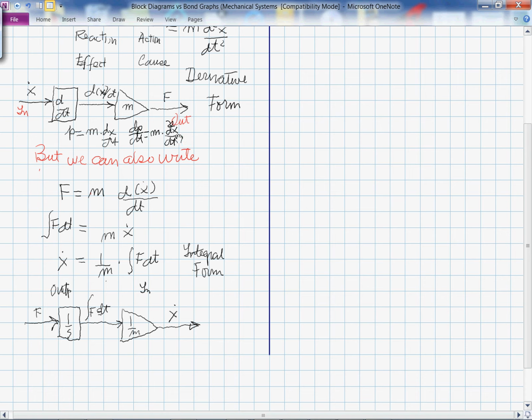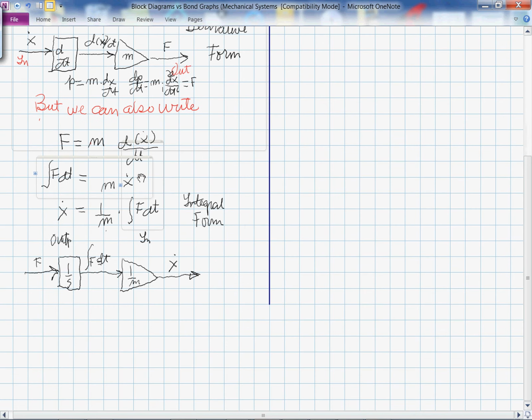So this in fact is f. So the derivative of the momentum is equal to mass times the derivative of the velocity, because that's what Newton's law says: the summation of forces equals the rate of change of momentum.